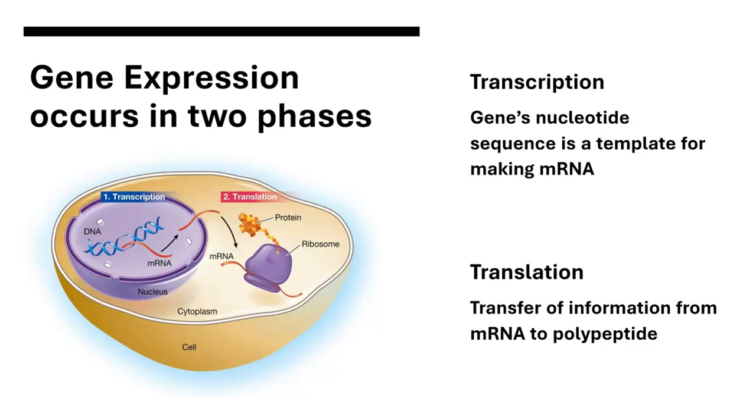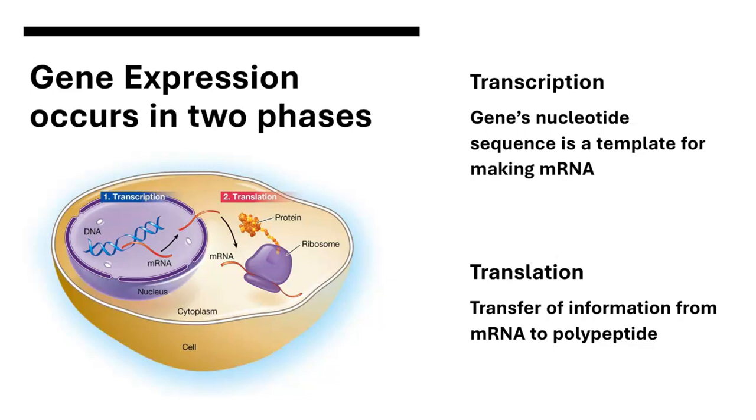So instead, what we're going to do is we're going to make a copy of just a portion of the instructions. So if we want to make one particular protein, all we need is the instructions on how to make that protein. We don't need how to make 10 or 20 different proteins along the length of that DNA strand. We just need that one region that tells us how to make that one protein.